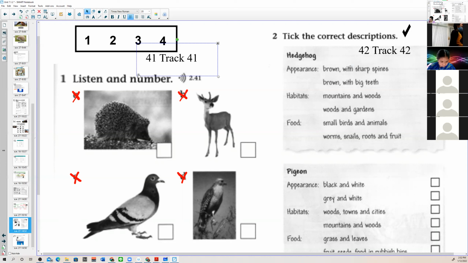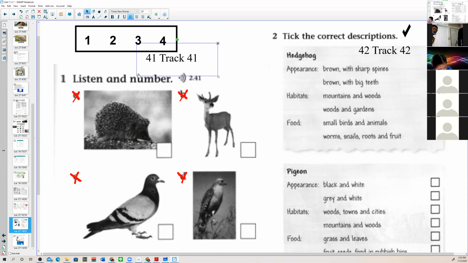Listening 2.41. Listen and number. Number 1. It's a bird. It's got brown feathers and a big beak. It lives in mountains and woods, and it eats small birds and animals. Number 2. It's a bird. It's grey and white. It lives in woods, and it lives in towns and cities too. It eats fruit and seeds and lots of other things, like food in rubbish bins.